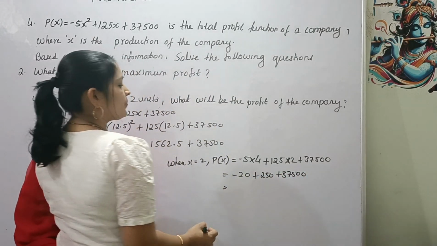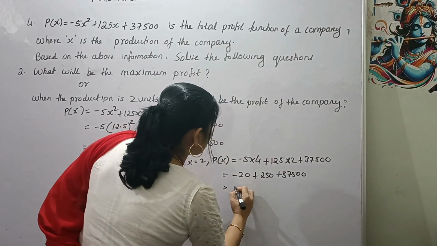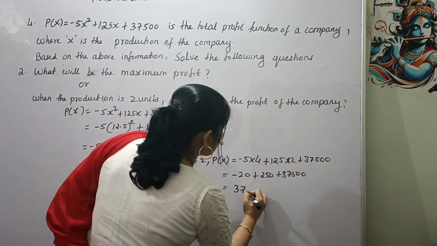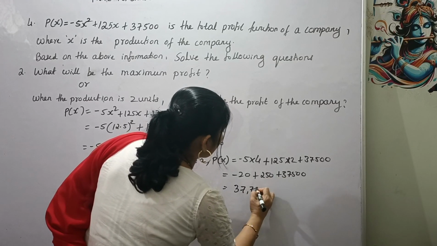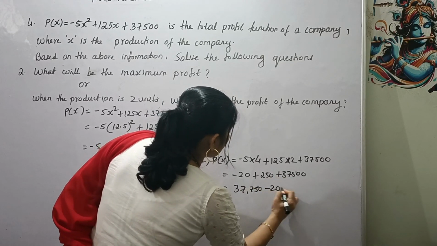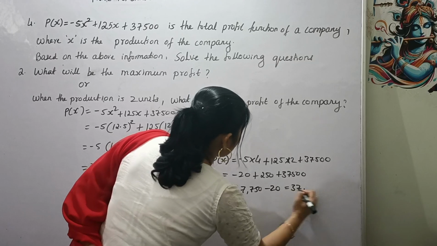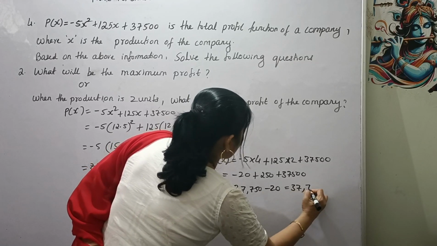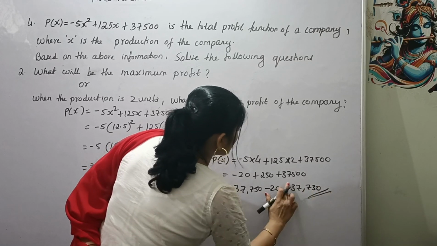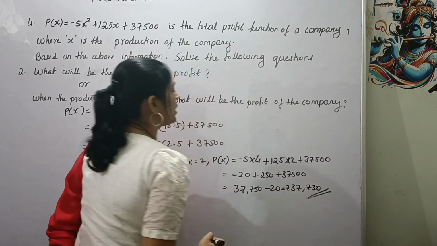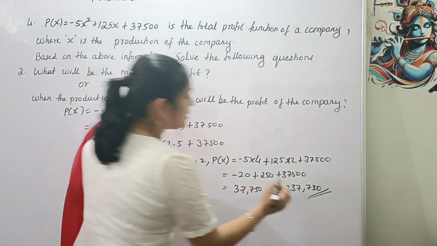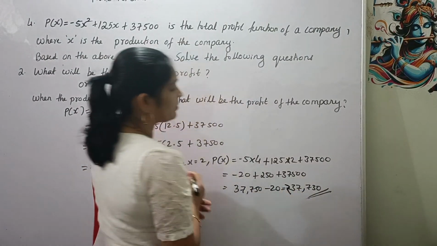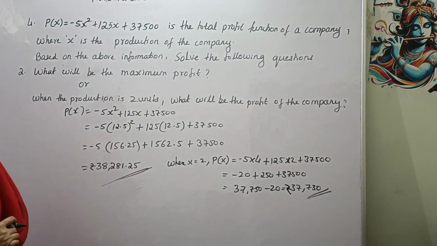That is equal to 37,500 plus 250 minus 20, that is equal to 37,730, right? So here the total profit when the production is 2 units is 37,730 rupees.